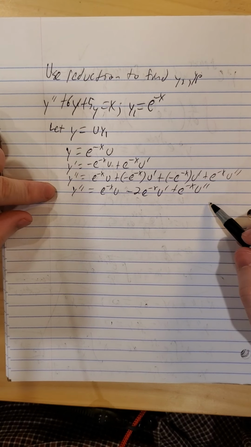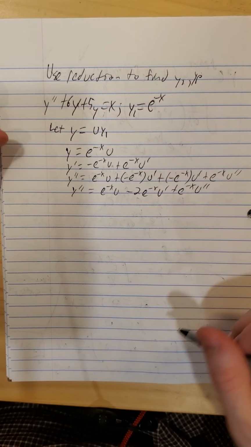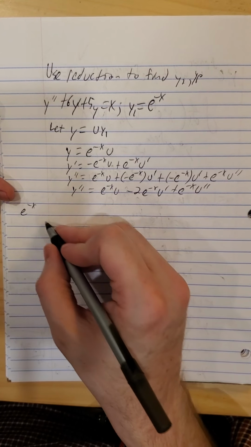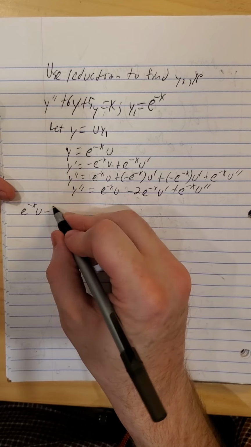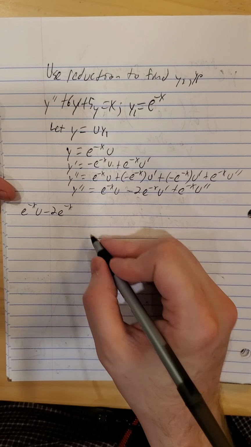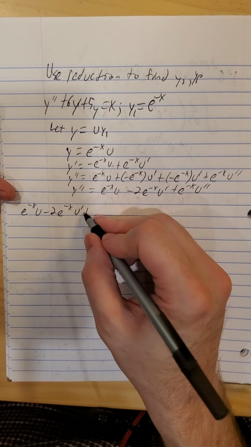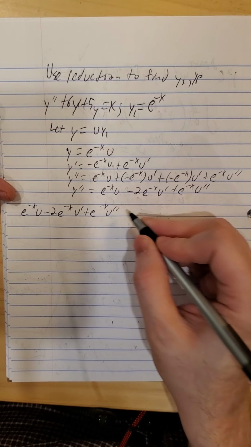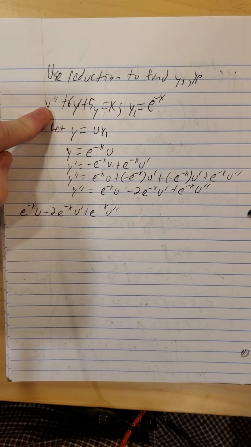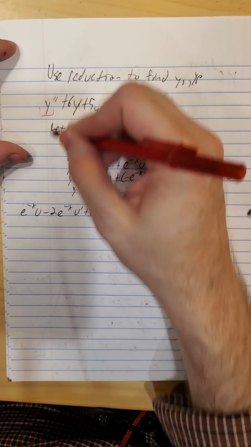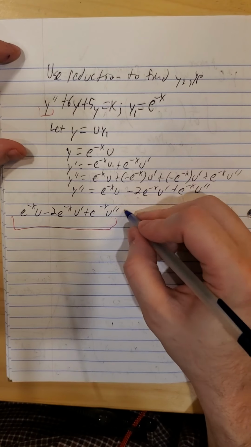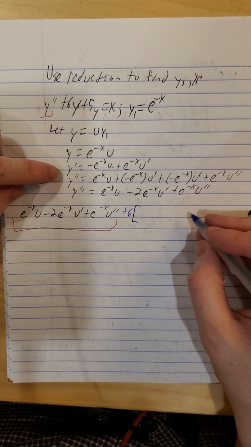So we do a little substitution into the original equation. So we have e to the minus x times u minus 2e to the minus x u prime plus e to the minus x u double prime. So that takes care of y double prime. Then we'll have plus 6 times y prime.